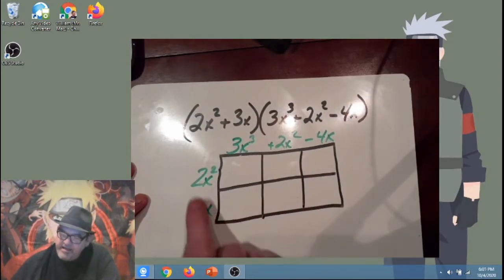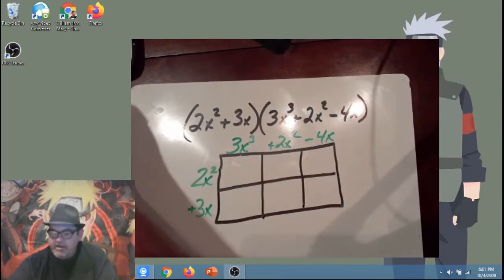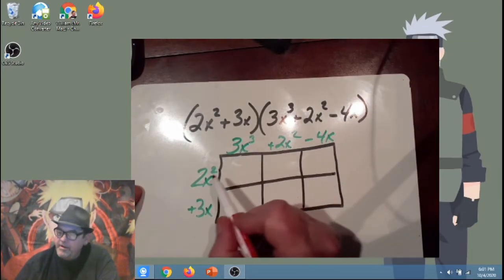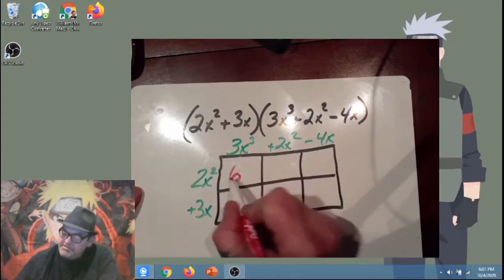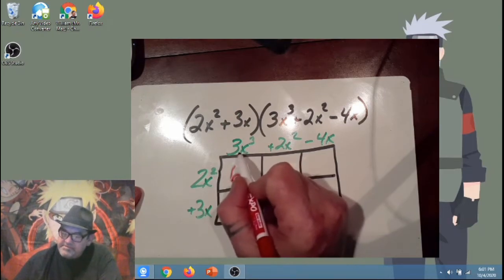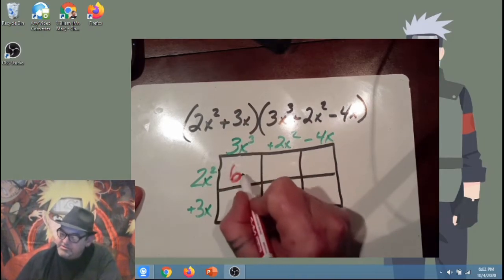All right, so now that I have my terms put above the columns and next to the rows, I can go ahead and just fill in the boxes. So it's just the same as before, multiplying numbers times numbers. So 2 times 3 is 6. And then x squared times x to the third, remember we just add the little numbers together, so 3 plus 2 is 5.